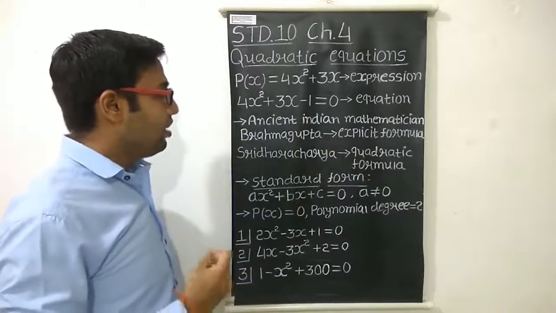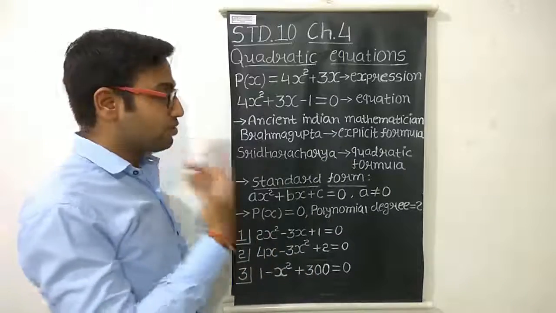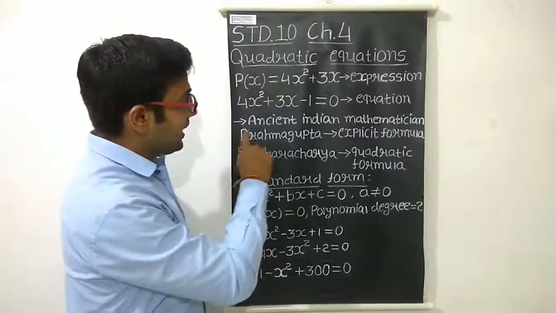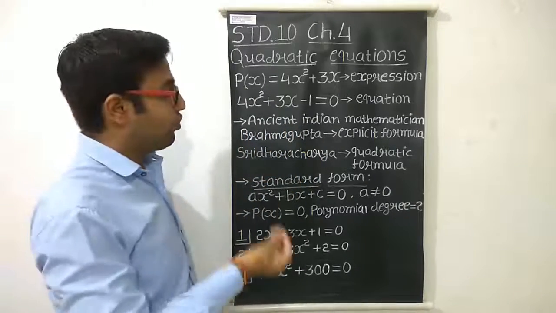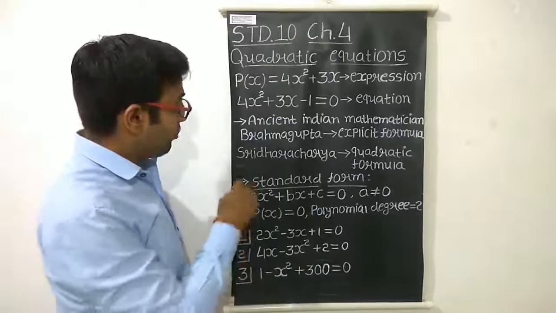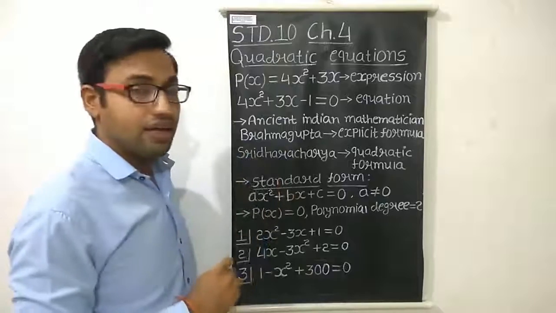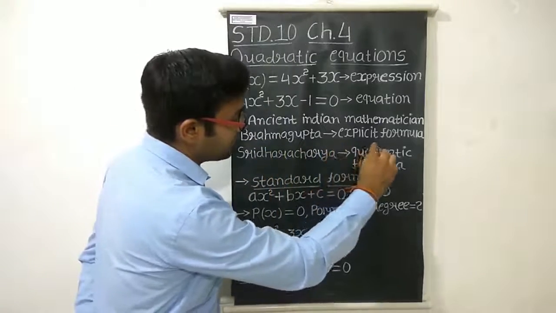Right? So how to solve the quadratic equation? First of all, our ancient Indian mathematicians derived methods to solve quadratic equations. Out of them, Brahmagupta had a solution method, which is called the explicit formula.